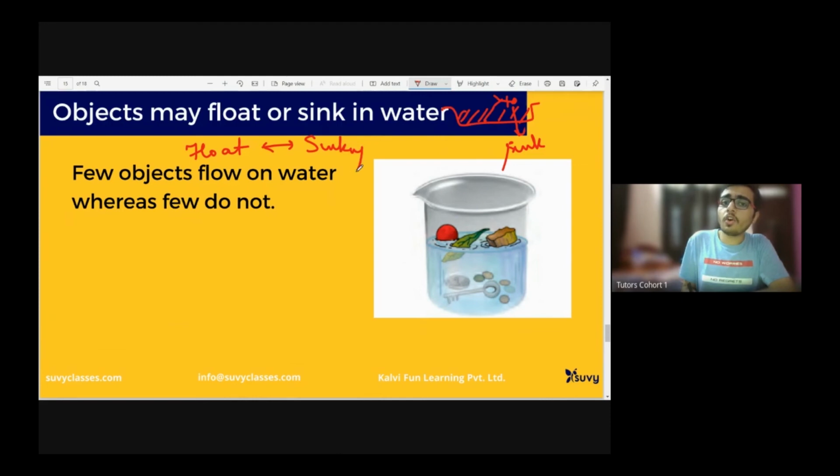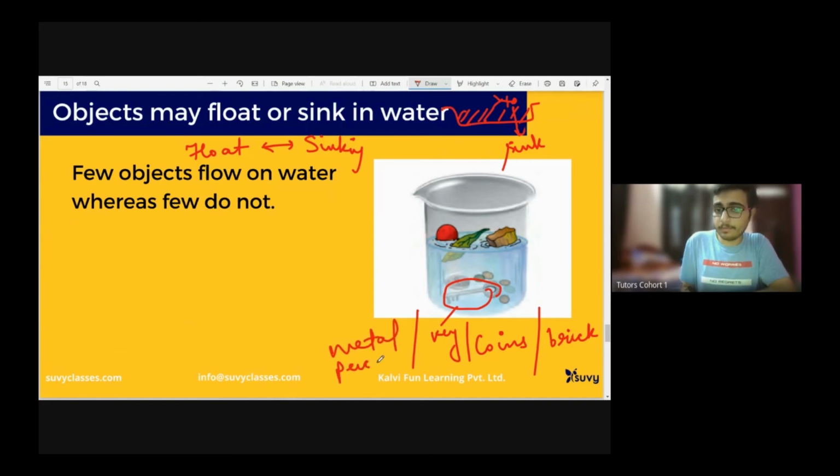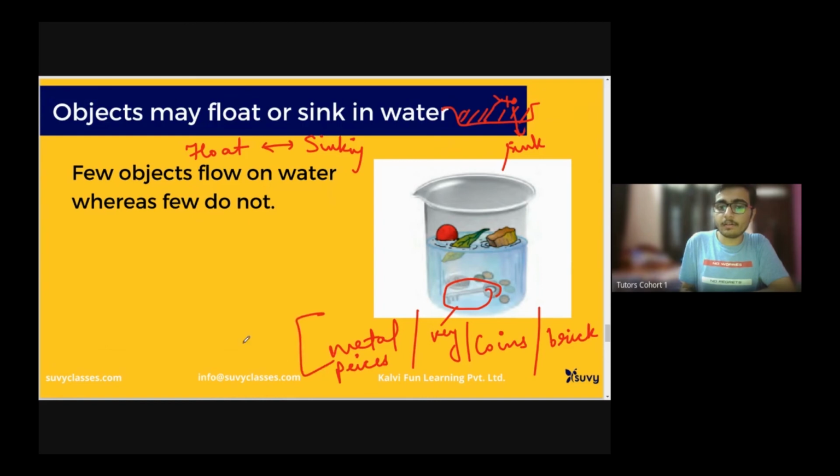For example, if I take a beaker, add water to it, and add some heavy objects like a key, coins, a brick, metal pieces, they are heavy, so they will sink in water.